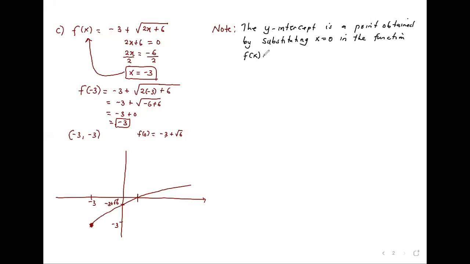So every time you're looking for the y-intercept, you go to the function f, where there is x, put 0.